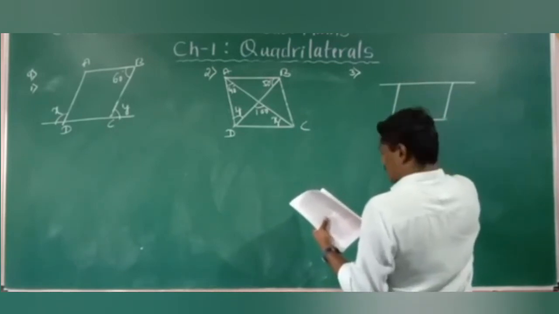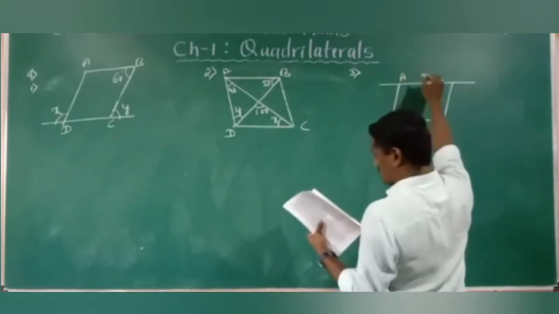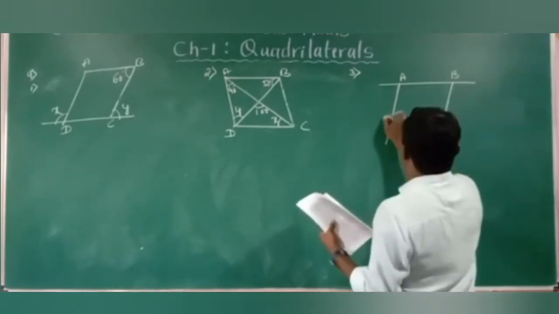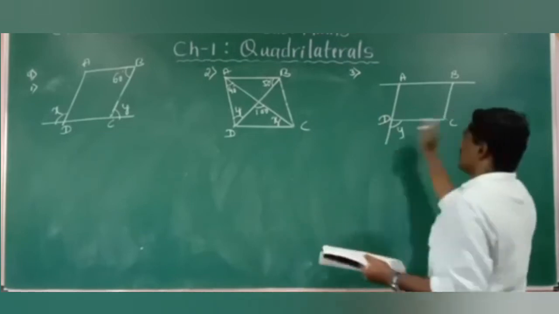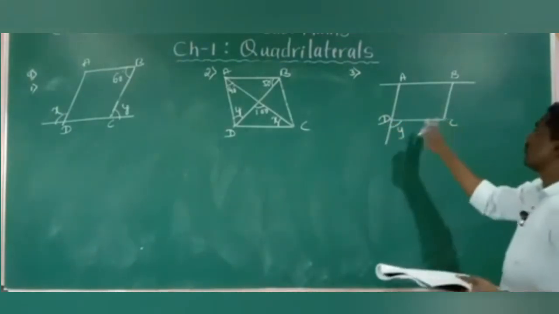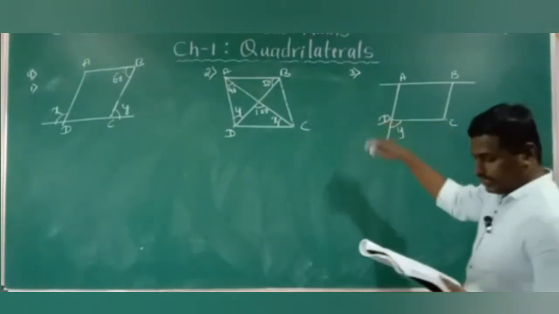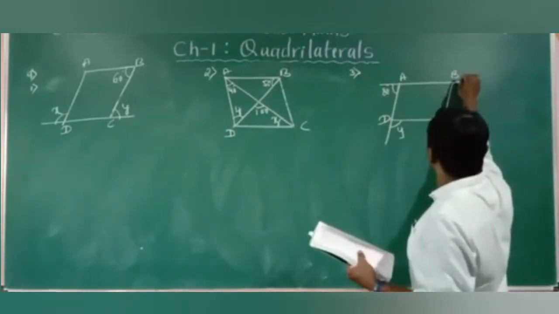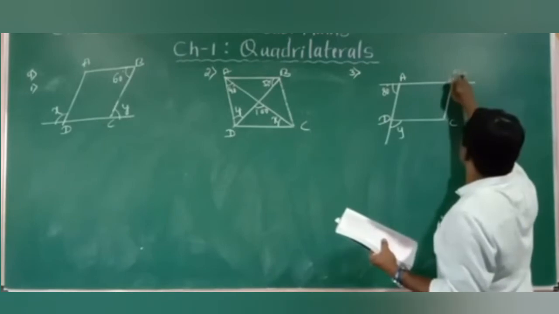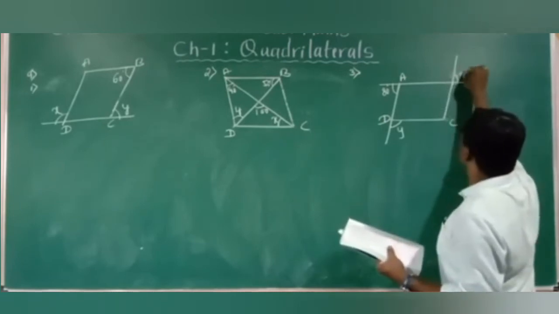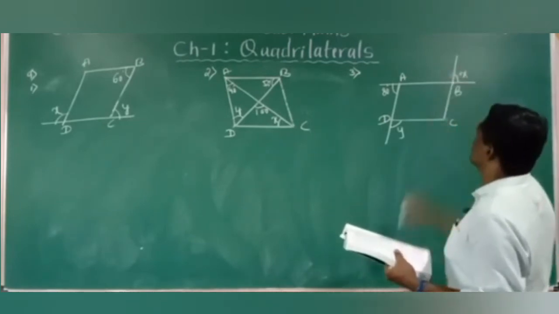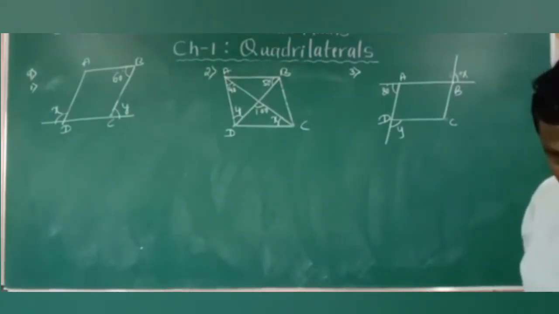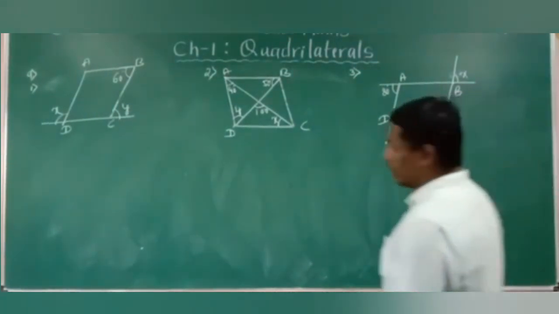This angle is y and this is A, B, C and D. Here C and D are not given, we are just considering the vertex points as C and D. This angle is 80 degree. You need to find here x and this vertex point is B. Okay, calculate now one by one.